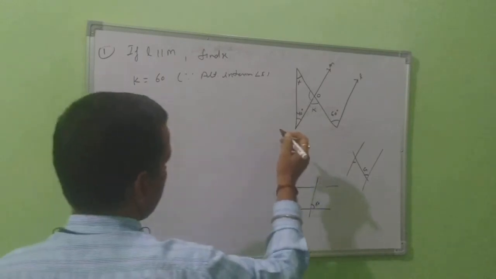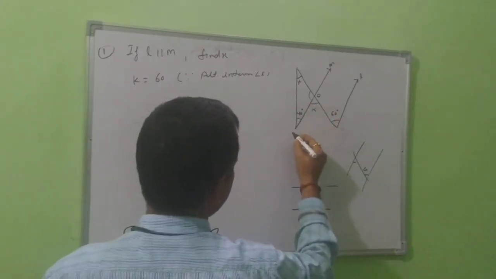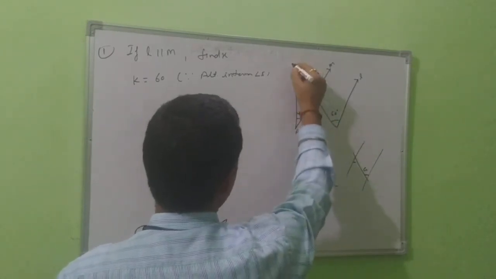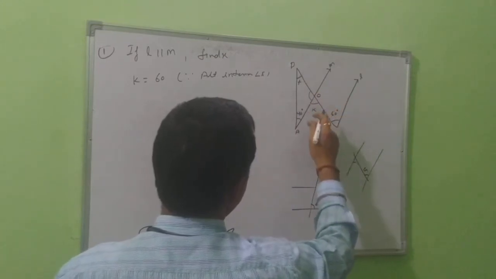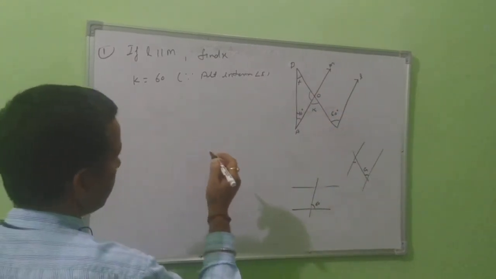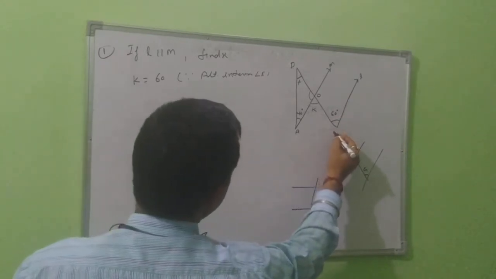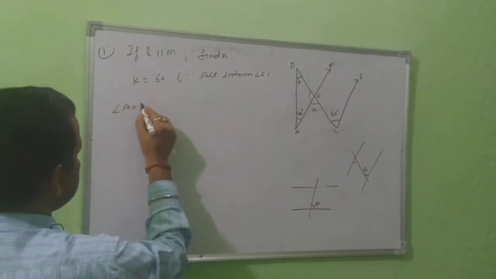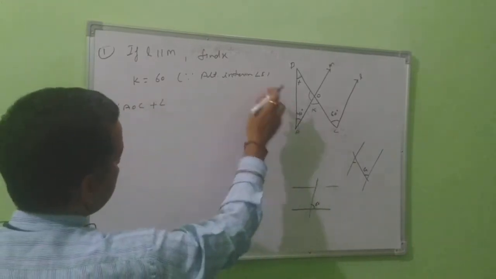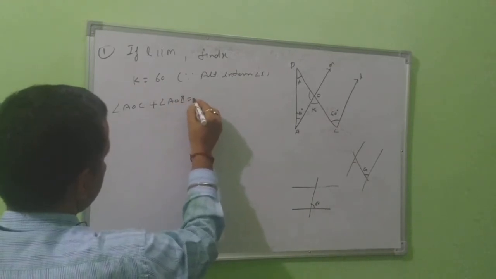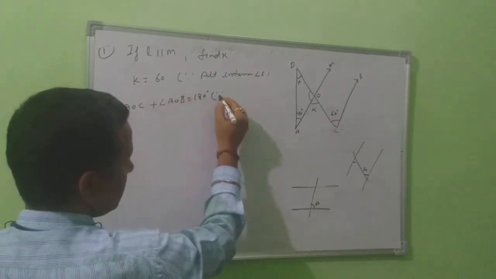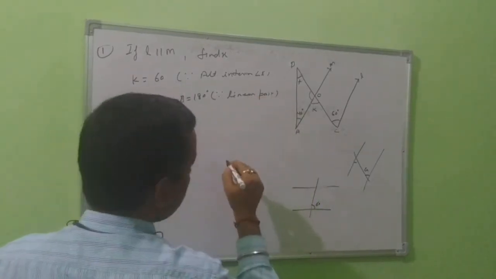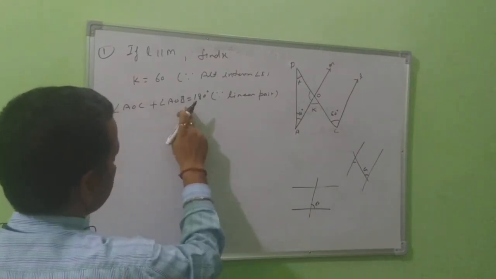Suppose the points are named A, B and O. The angle AOC plus angle AOB equals 180 degrees. How is it possible? Because they form a linear pair.